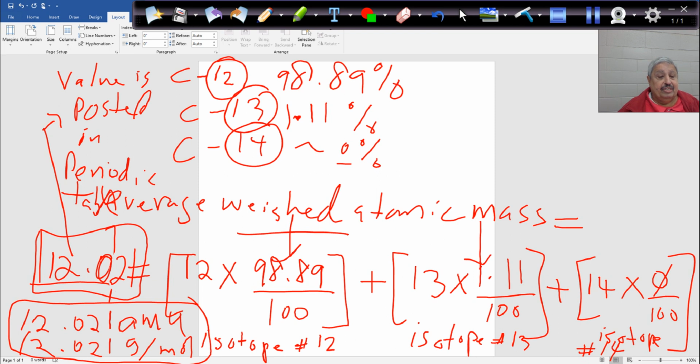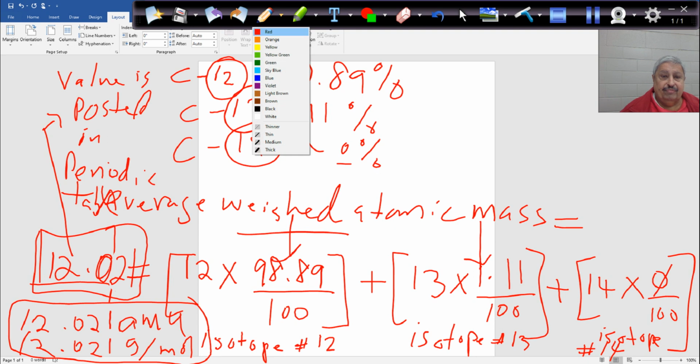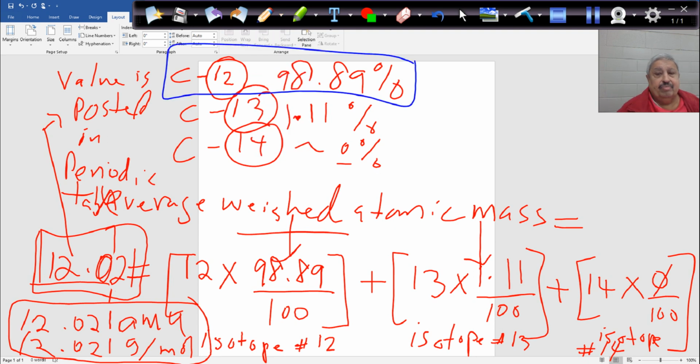Now, just to let you know, these isotopes, with their modifications, have their own applications in real life. Carbon 12, the most abundant one, will have the control. When you have carbon 12, you know the periodic table has to show about 12, because that's the most abundant.